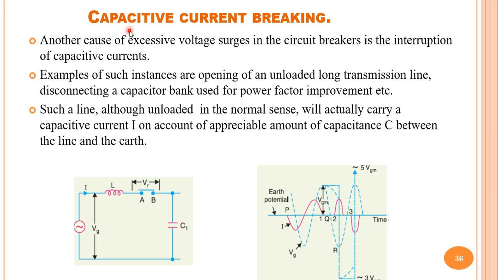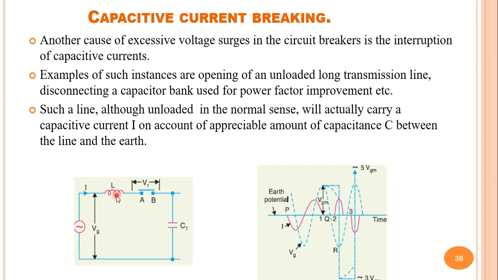Another problem is capacitive current breaking. The cause of capacitive current breaking is, for example, an unloaded long transmission line, or disconnecting a capacitor bank, etc., in the system, which causes large excessive voltage surges. If an unloaded line is there, there will not be much current in the system, but there is capacitive current due to the charging effect.